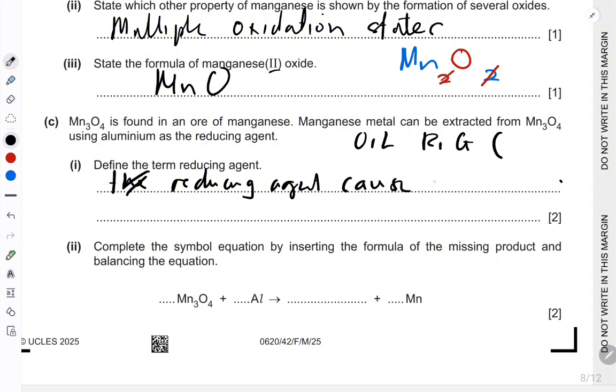The reducing agent causes another substance to gain electrons.